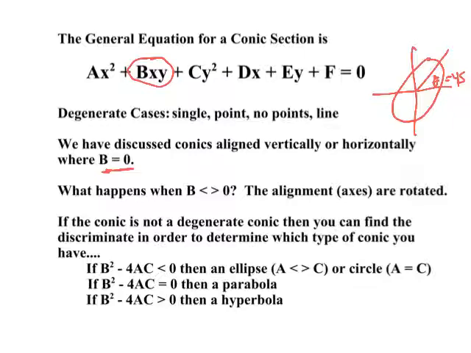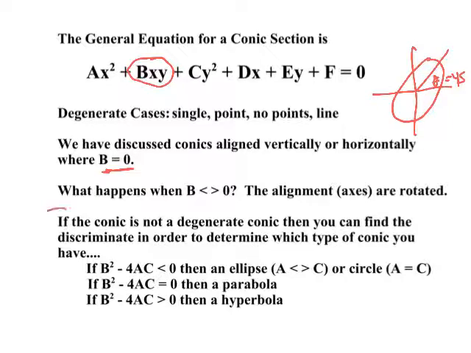So what happens when b is not equal to 0, it means the alignment axes are rotated. And we could spend a lot more time using trigonometry to find the equations of rotated conics. Now, we're not going to do that, but I do expect you to be able to deal with and understand which conic we have when we have a bxy term.